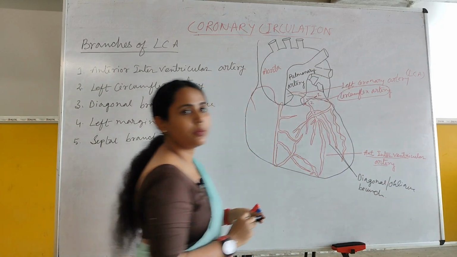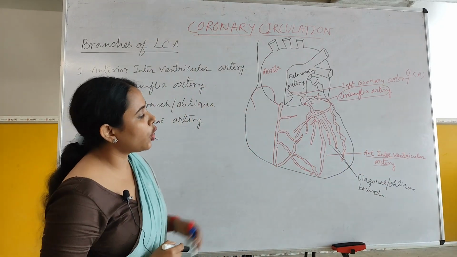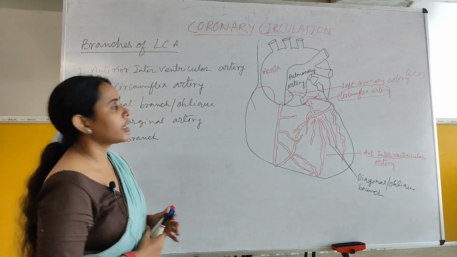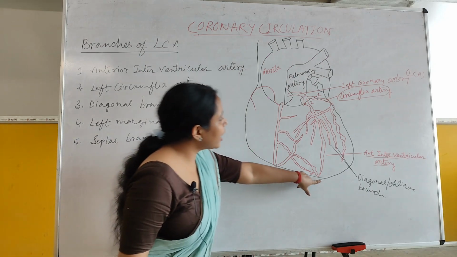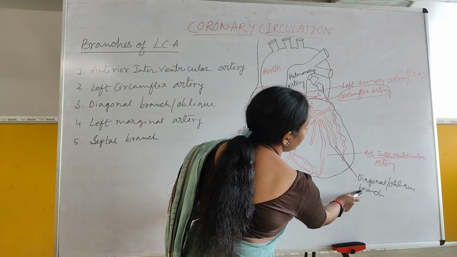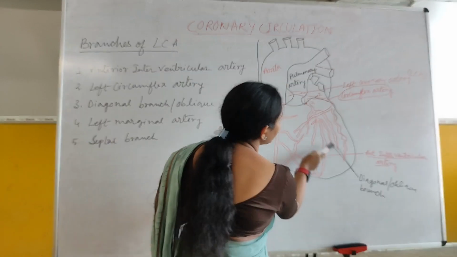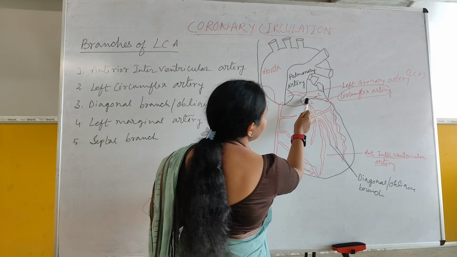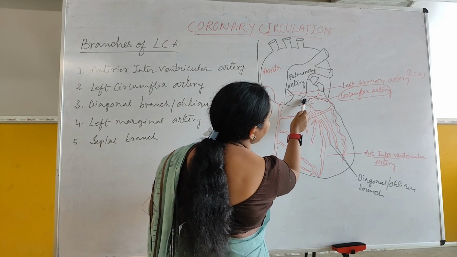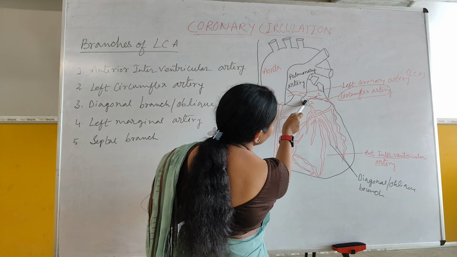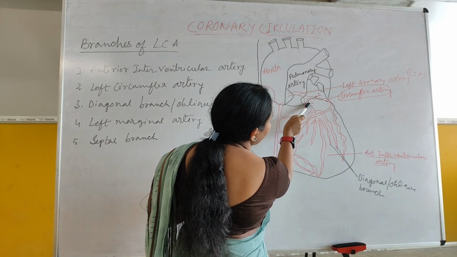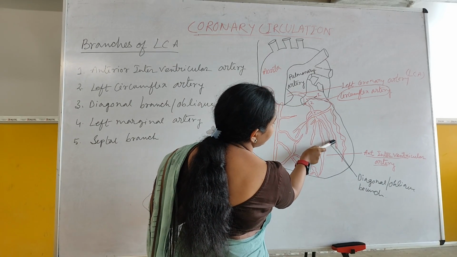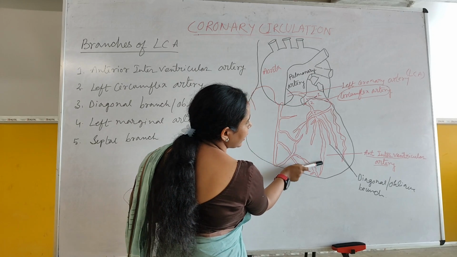Now the question is, this diagonal or oblique branch is part of which artery? See, after the division of the left coronary artery, it splits into circumflex and anterior interventricular. This one is the anterior interventricular, and it gives its branch obliquely here and moves downward this way.